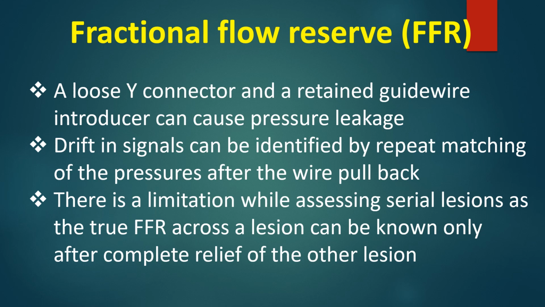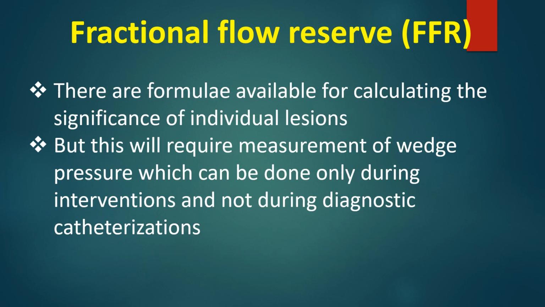There is a limitation while assessing serial lesions, as the true FFR across a lesion can be known only after complete relief of the other lesion. There are formulae available for calculating the significance of individual lesions, but this will require measurement of wedge pressure, which can be done only during interventions and not during diagnostic catheterizations.